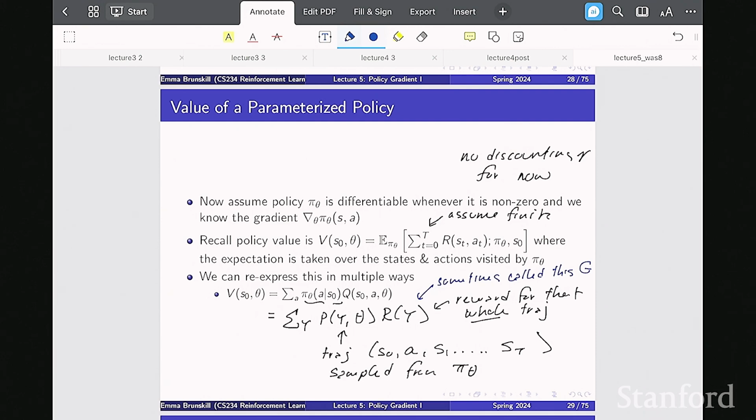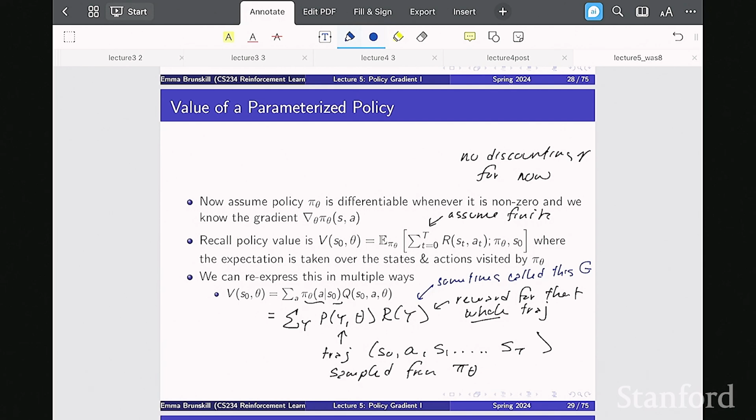Now, of course, you might be thinking that's totally intractable, and yes, in general, if you have a really long trajectory, and you have a really large state space, and you could reach many states, it's not going to be possible to actually enumerate this. But this is mathematically well defined. This is just an expectation over the reward of trajectories. And we know whenever we see expectations that we can approximate those with finite samples.